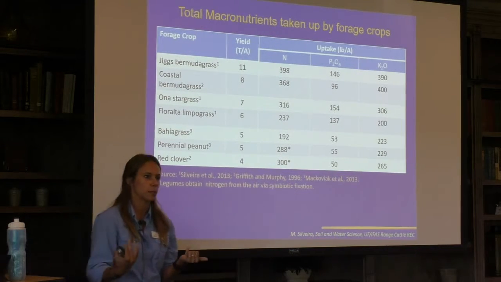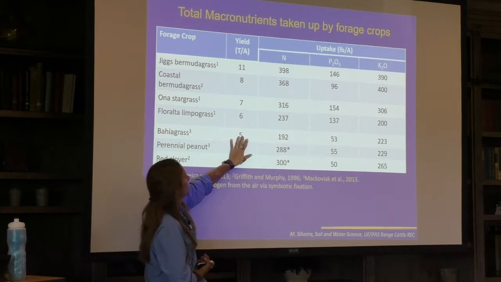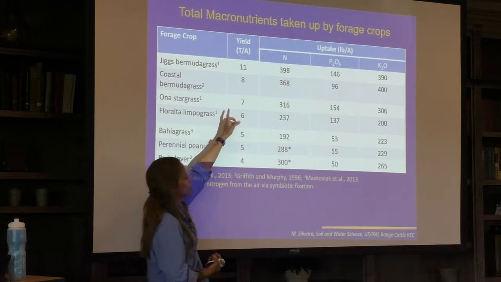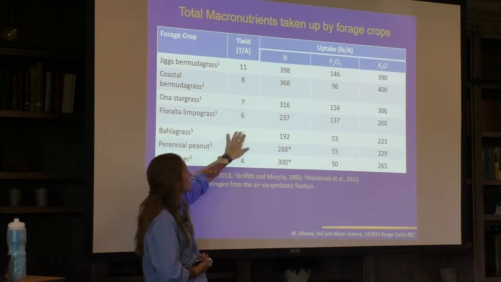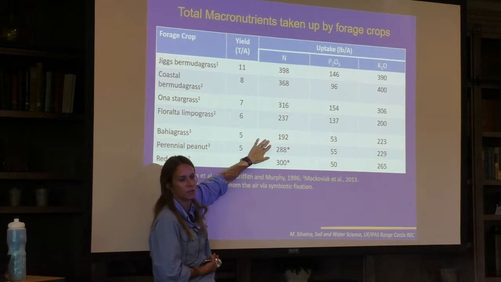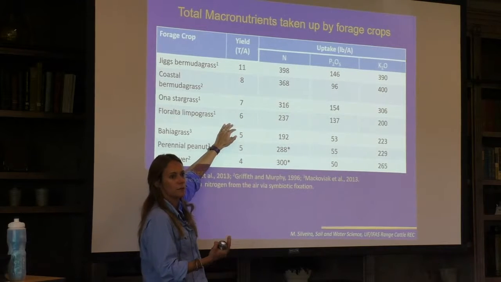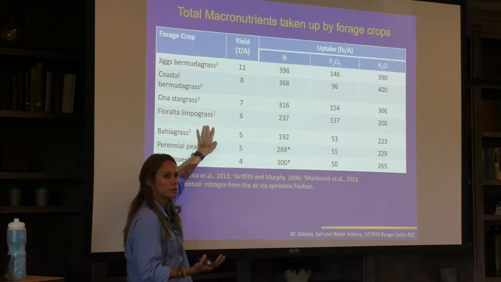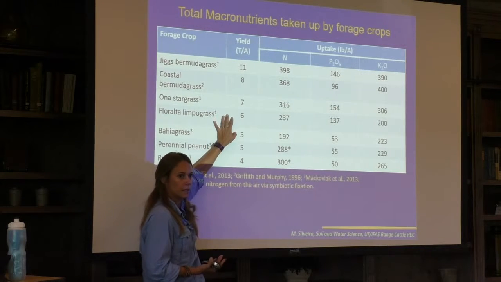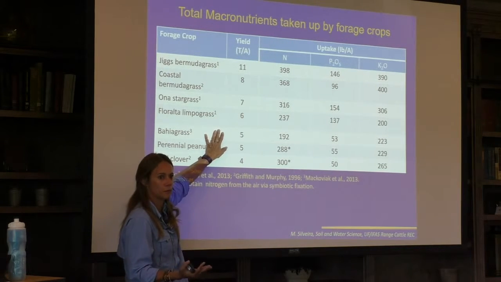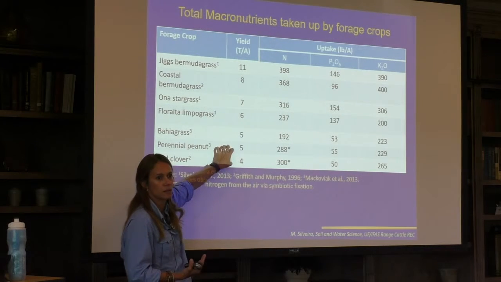So from the practical perspective, let's look at Bahia grass. Bahia grass can produce about half of what most of the Bermuda grasses can produce, but it also requires half of the nitrogen. A very common situation is that most people don't have one single species, but if they manage them the same way, they might be setting themselves up for some trouble because the requirements of these different species are different.